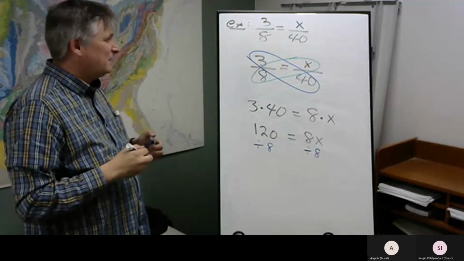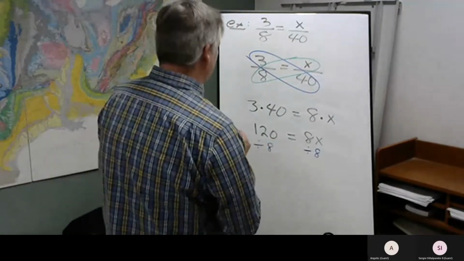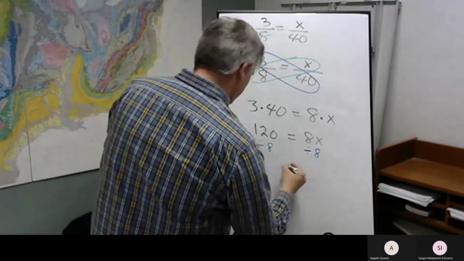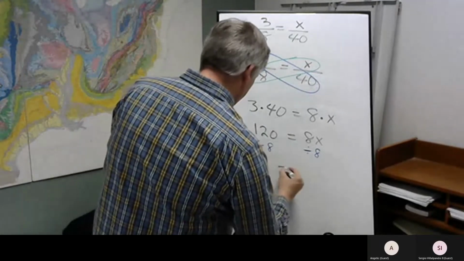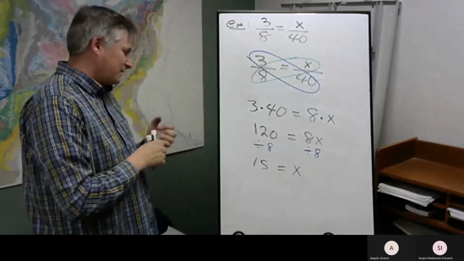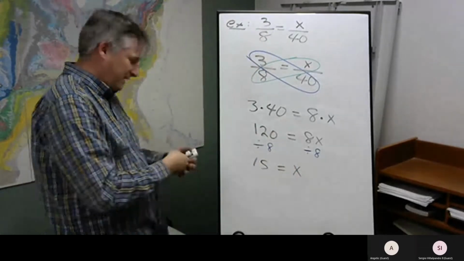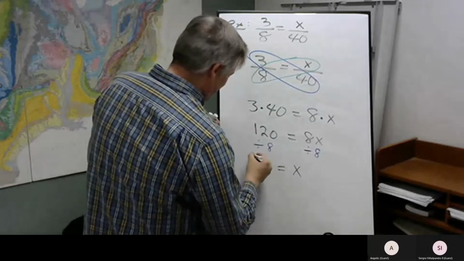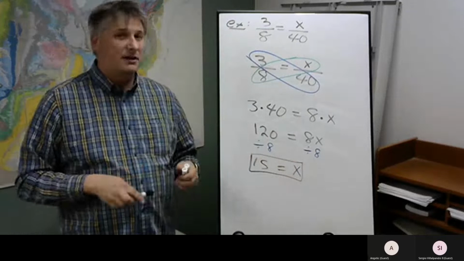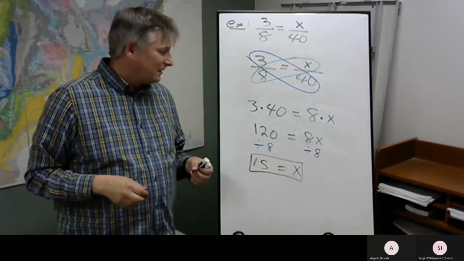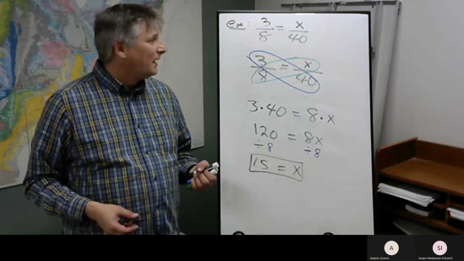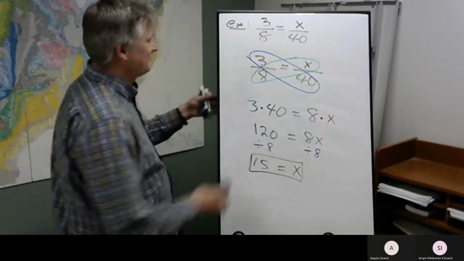What's that going to be? It should be 15. Just double check my math here real quick. Yeah. And so that's going to be our answer. Questions about that? Let me do one more.